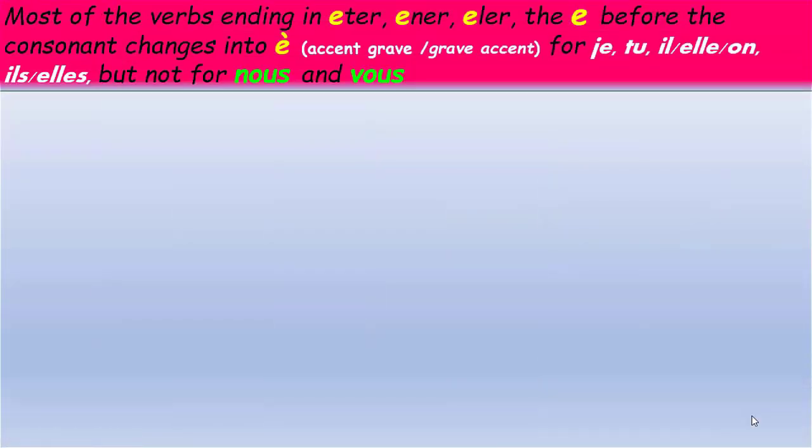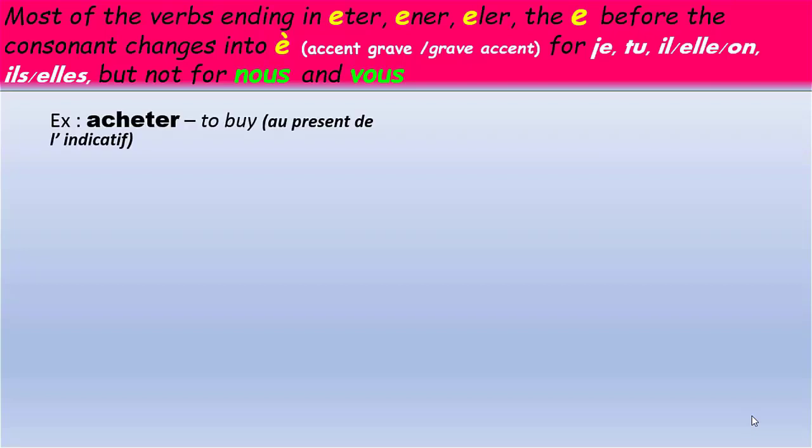Most of the verbs ending in ETER, ENER, ELER, etc., the E before the consonant changes into E with grave accent, which we say in French as accent grave, for je, tu, il, elle, on, ils, elles plural, but not for nous and vous, that is the first person and second person plural.